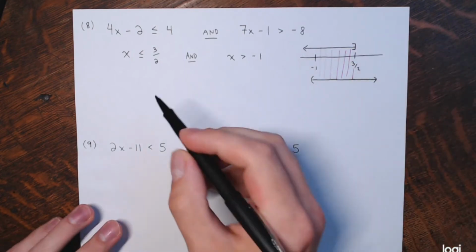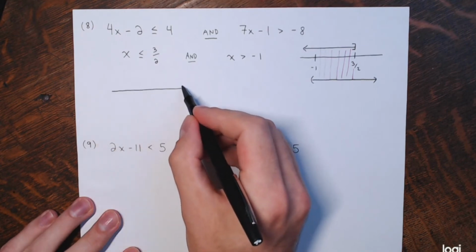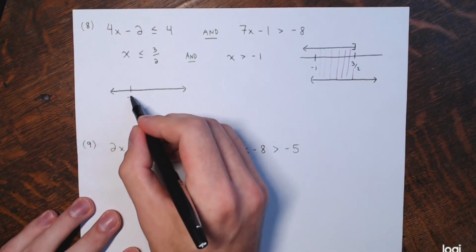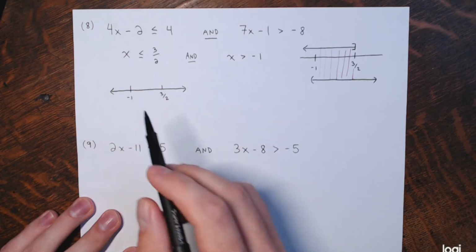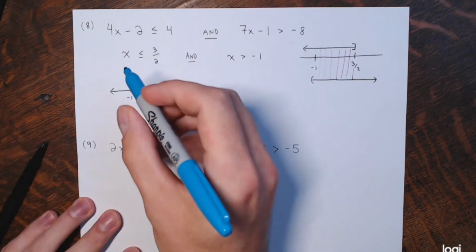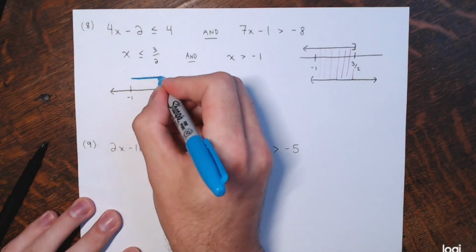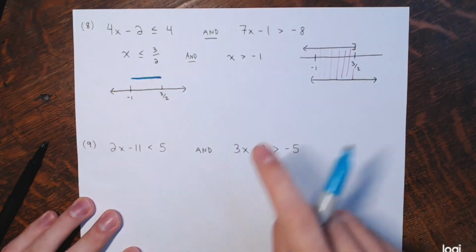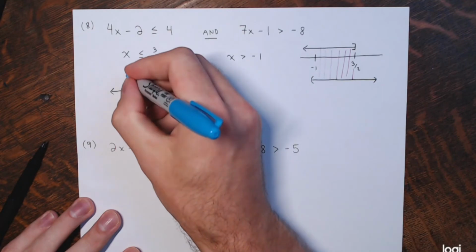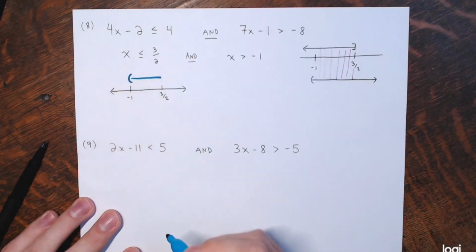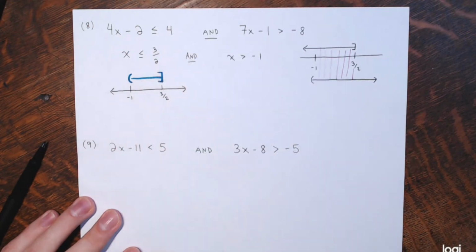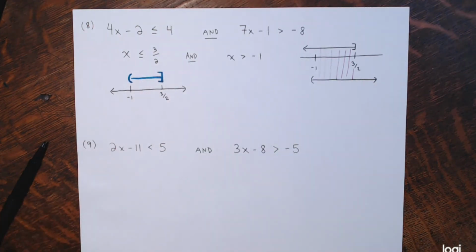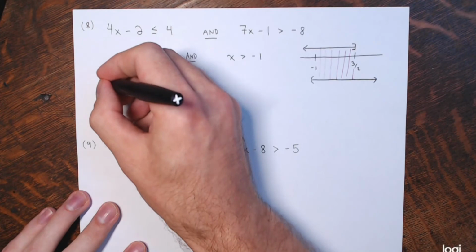Right. So the final graph here, -1 to 3/2. The solutions to this compound inequality are all the numbers between -1 and 3/2, not including -1, right? -1 is not on both. 3/2 is. Right? So parenthesis on the -1, bracket on the 3 halves. So there's your final graph.